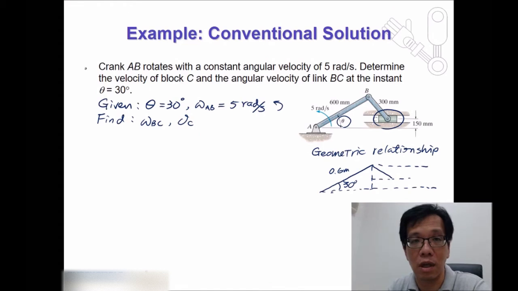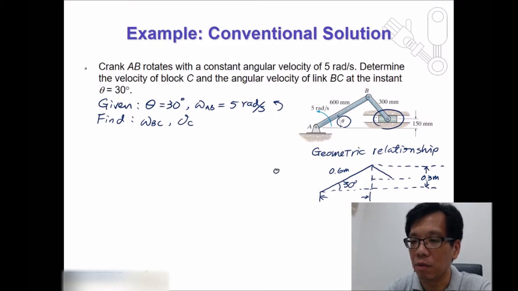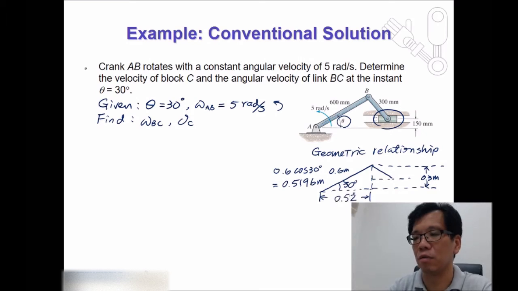Since this one is 30 degrees, the height of this specific triangle is going to be 0.6 sine 30 degrees, which means this one over here is 0.3 meter. And this one over here is going to be 0.6 cosine 30 degrees, which gives us 0.5196 meter, or you can say 0.52.